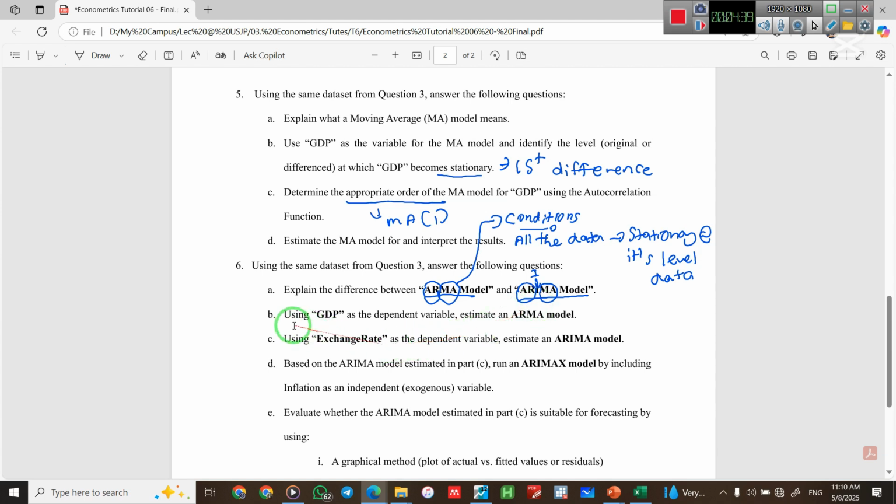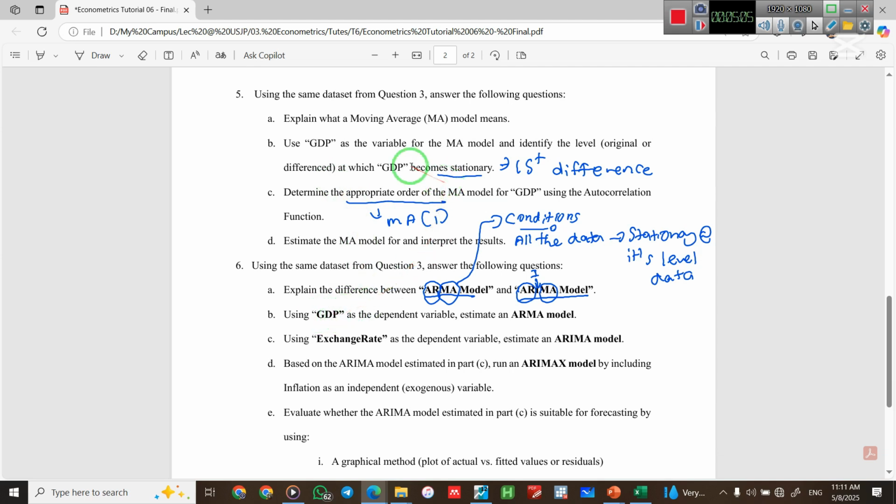So now we are moving to part B. In part B, it says that using the GDP as the dependent variable, estimate an ARMA model, right? I think, students, this GDP is not stationary at level data.